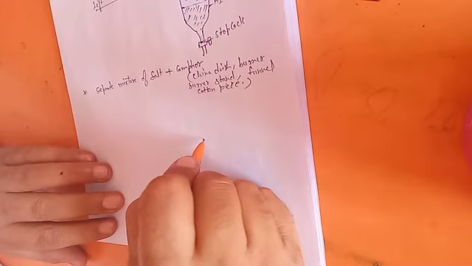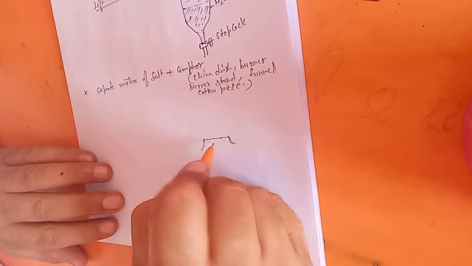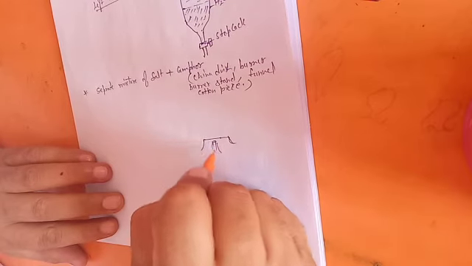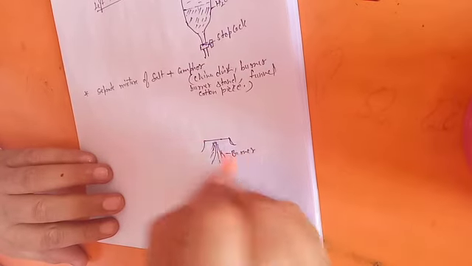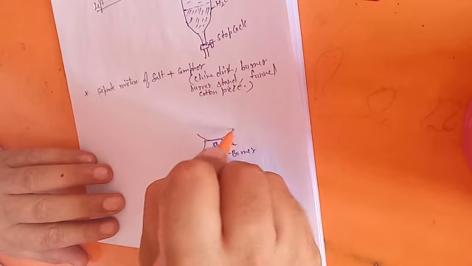Suppose this is the burner, particularly your burner stand. I am putting the burner over here. Now you will put the china dish over here.